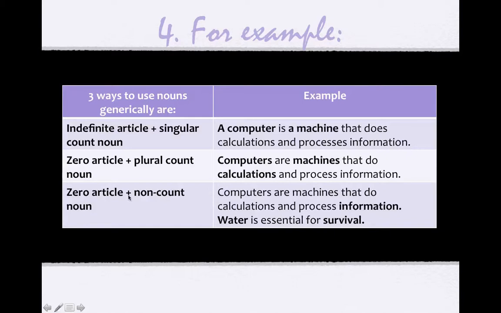This is the zero article and the non-count noun. Or here's another example, water. Water is essential for survival. Non-count noun, no articles.